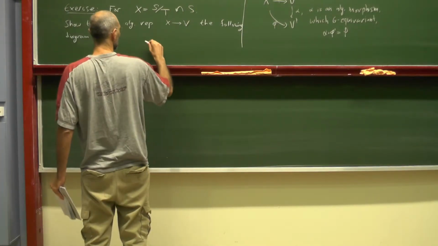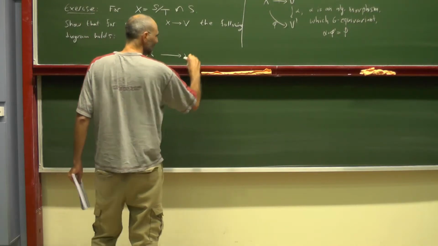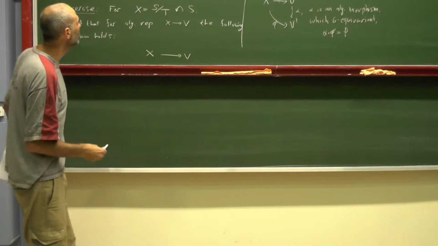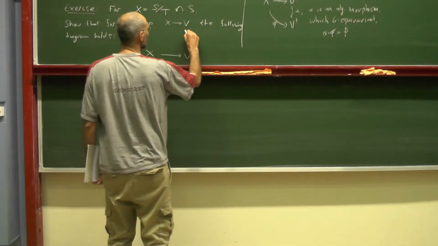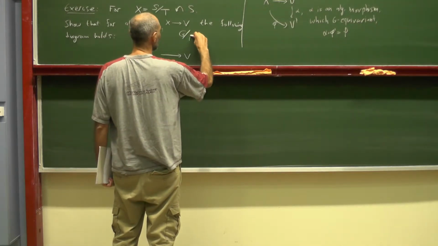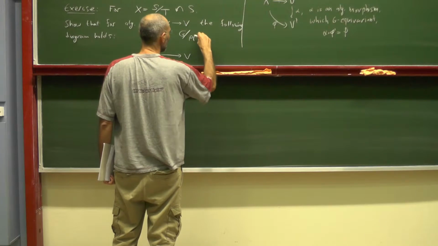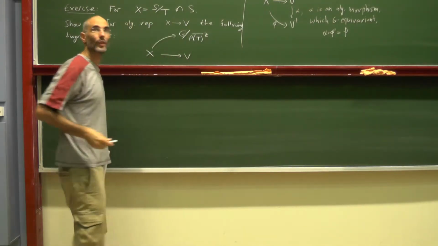I'm having X to V on one hand, this is the given one, but actually I'm having some canonical representation of X, and this is G modulo the closure of this subgroup. I'm claiming that there exists such a thing.